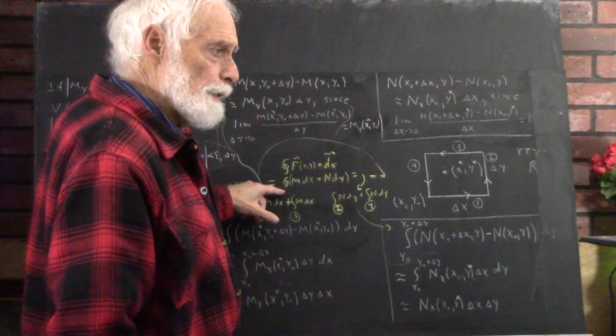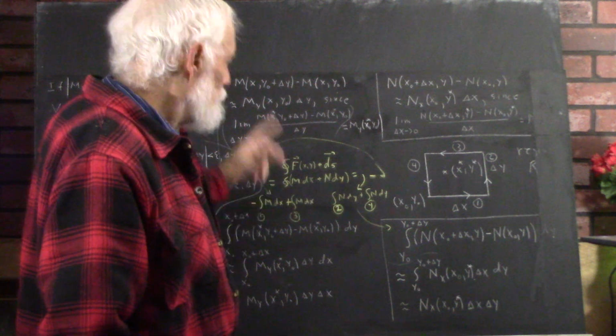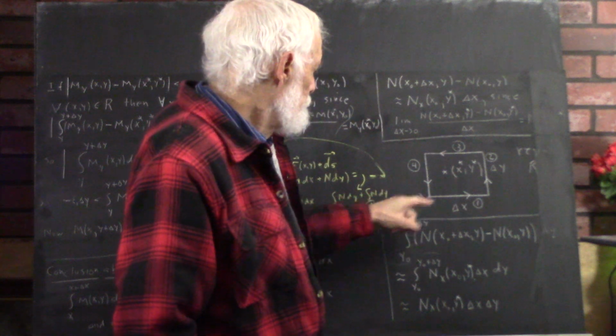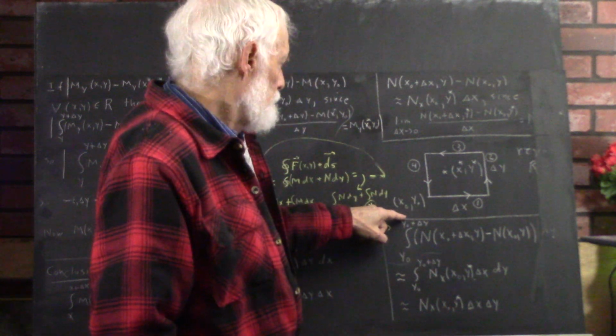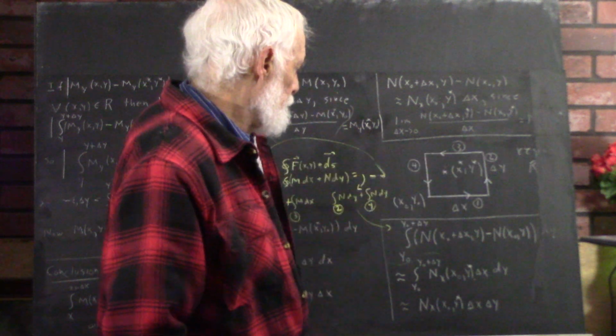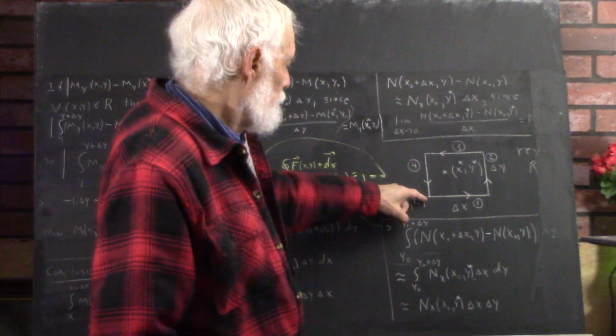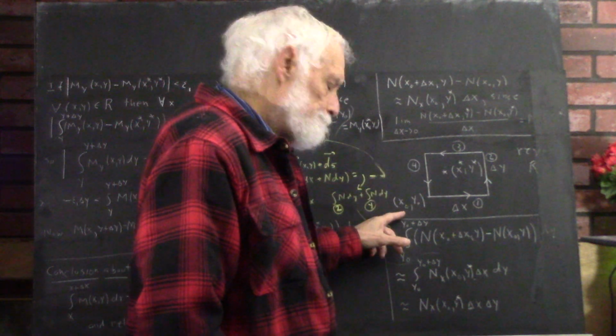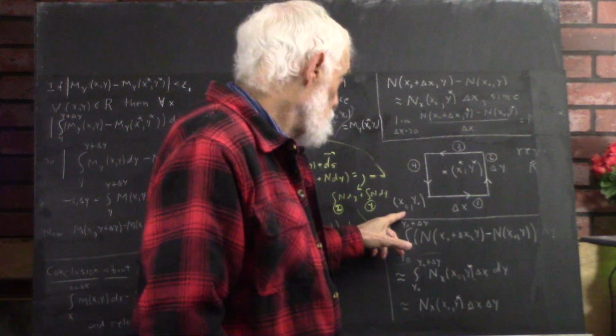We're integrating around a closed curve. We start by looking at the integral, well, you've got a sample point x star, y star within a small rectangle. We denote this corner by x naught, y naught. That's an arbitrary notation.